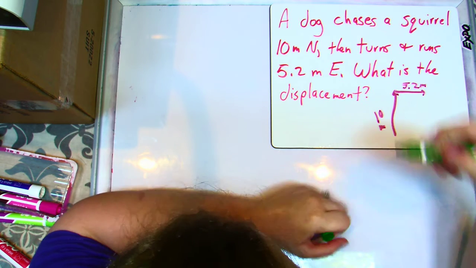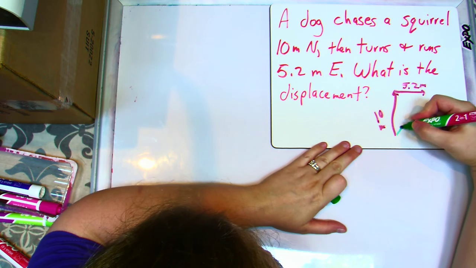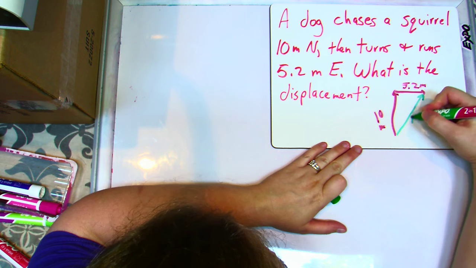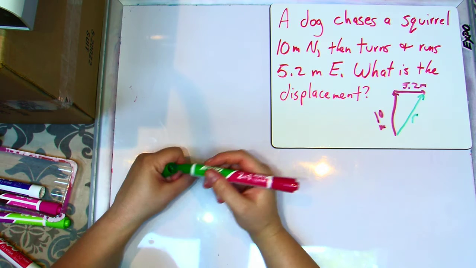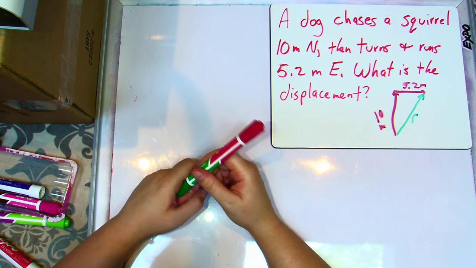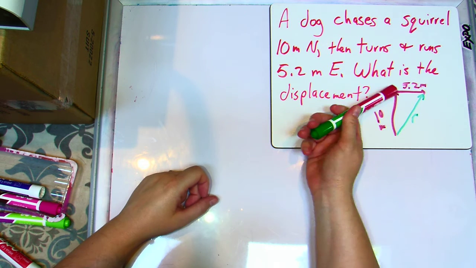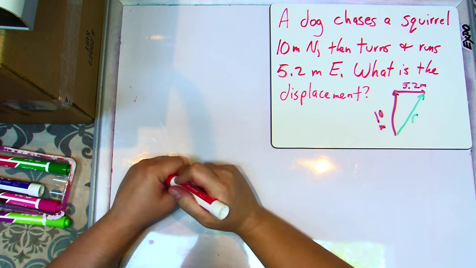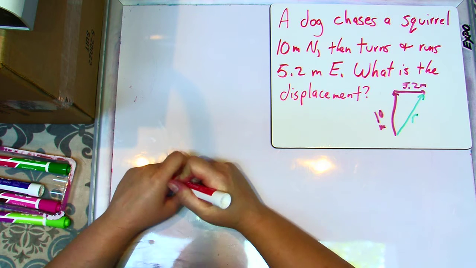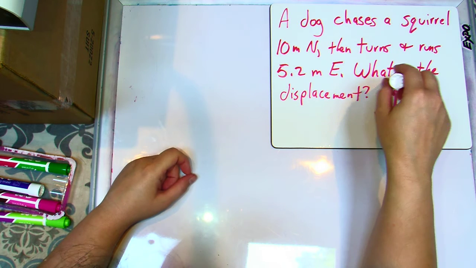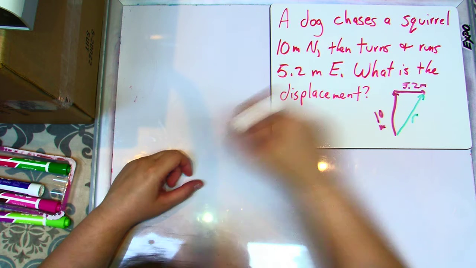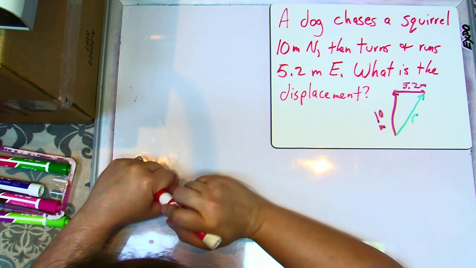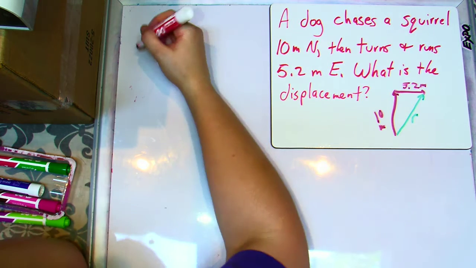So we want to find the displacement. Now, a nice thing about it being north and then east, we know that's a 90-degree angle. So if we know the two sides of the right triangle, we can figure out the hypotenuse using the Pythagorean theorem.